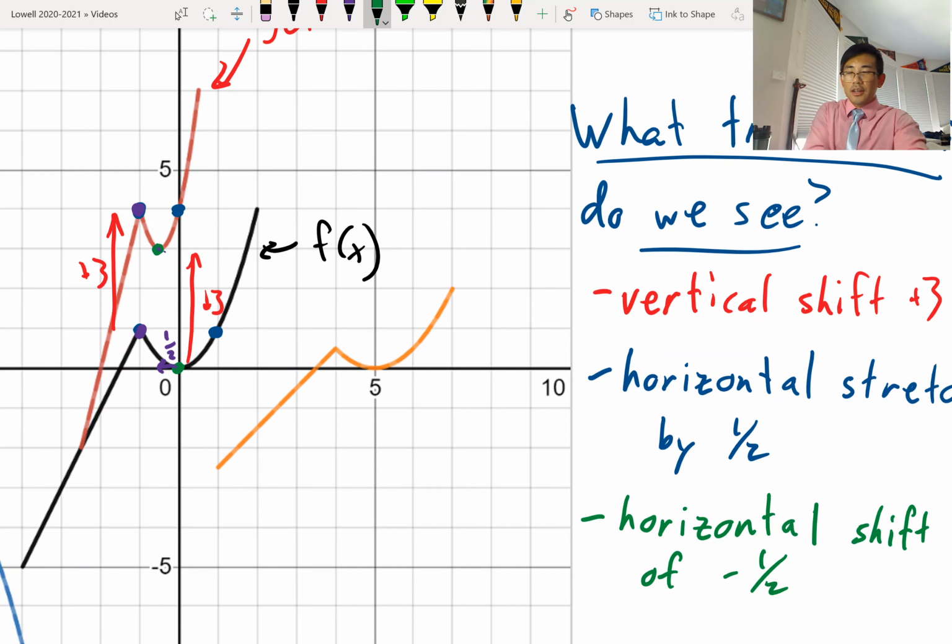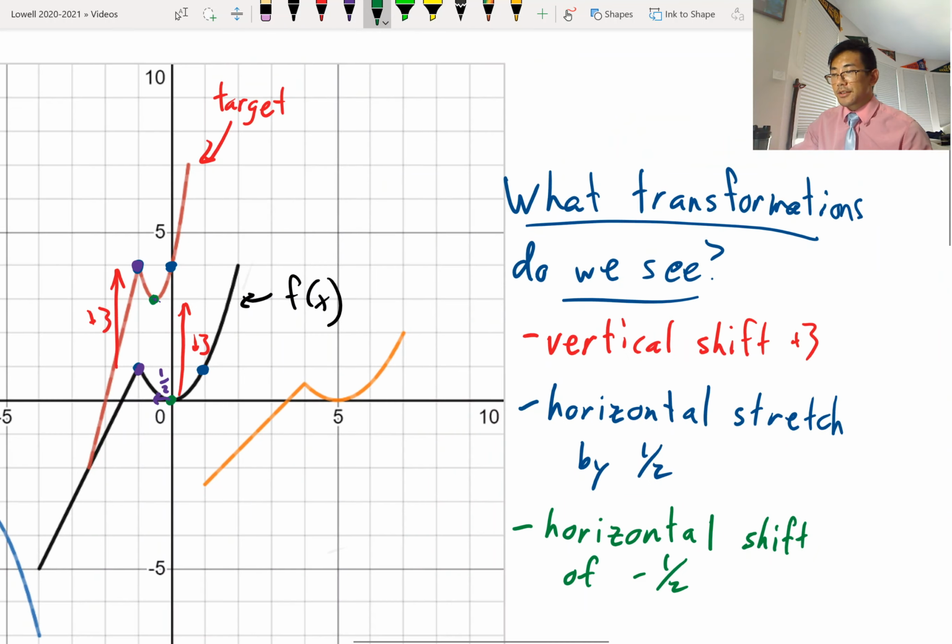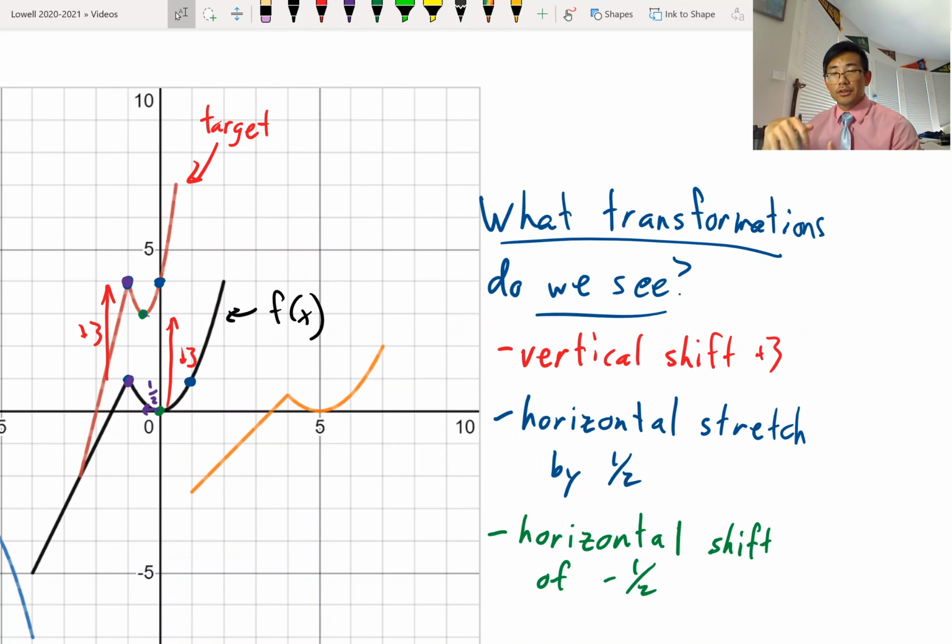Here's how I would suggest applying these transformations in terms of changing the equation. Sorry, I had to plan out a strategy for this. One thing we could notice is that if you are combining a horizontal shift and a horizontal stretch or compression, it really matters what order you do them in.